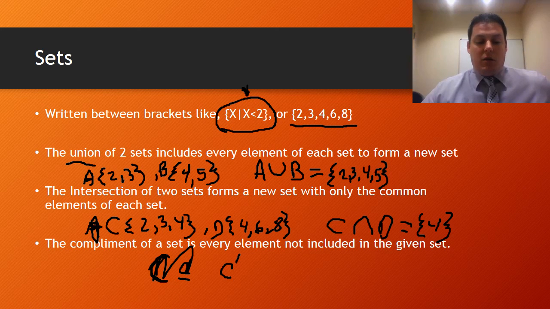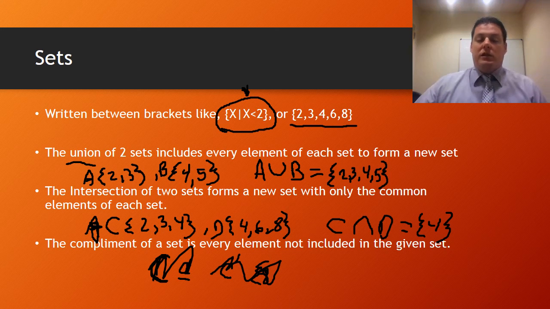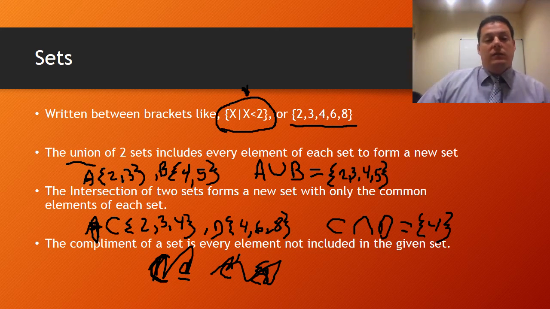So if C is 2, 3, 4, and we're talking all real numbers, then the complement would be all real numbers except for 2, 3, and 4.